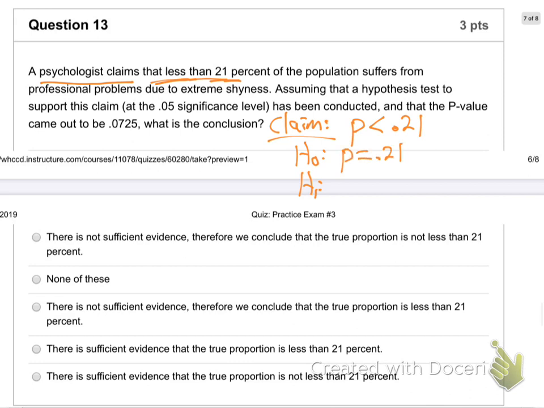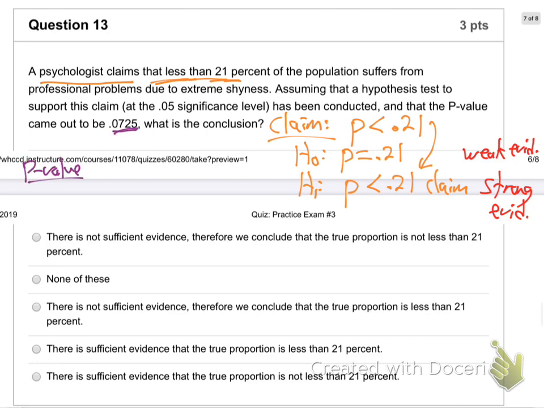Equals, always. What's H1 going to be? Because one of them has to match the claim exactly. That one's matching the claim. And let's write weak and strong evidence. We will need that here. Weak evidence. Strong evidence.